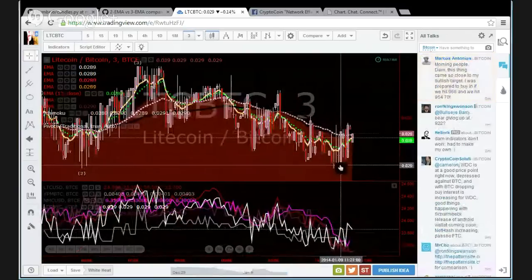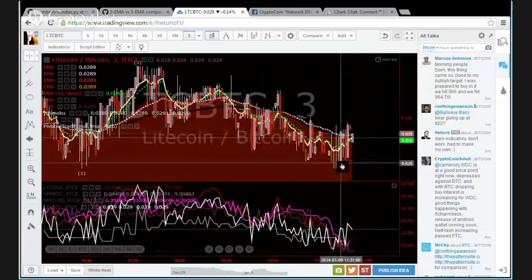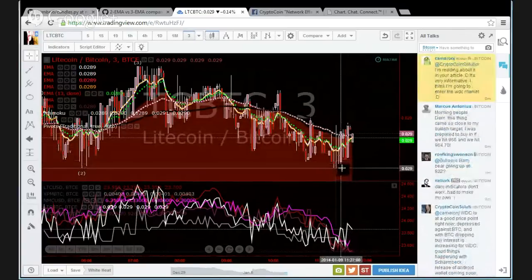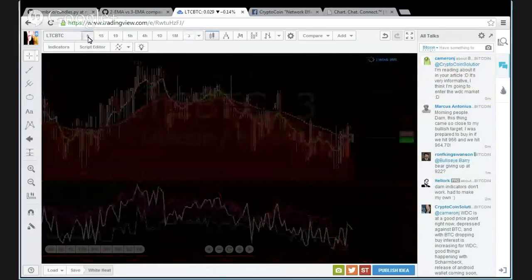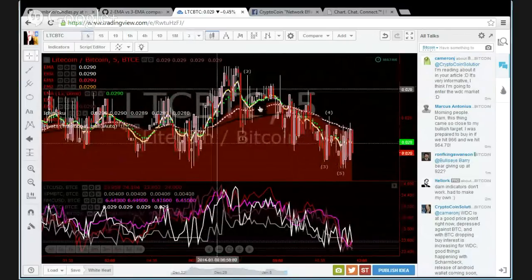So what it did was that it pulled off the bottom, bounced off of the double bottom on the 3-minute. That's all that it got. It's just a 3-minute move. Let me move to the 5. And that's kind of what it is.